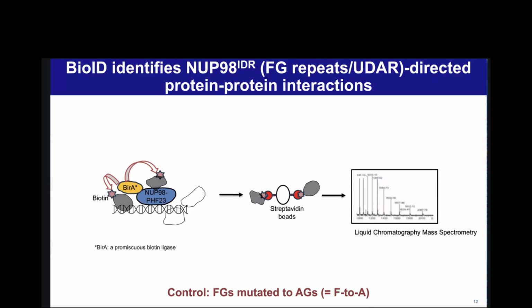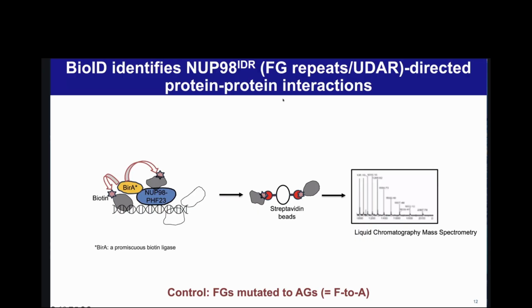In essence, what you do is you fuse the protein you're interested in, in this case the NUP98 fusion oncoprotein we're studying, to this biotin ligase, which induces biotinylation of the potential interactors nearby. And then you can purify the biotinylated proteins for mass spec analysis.